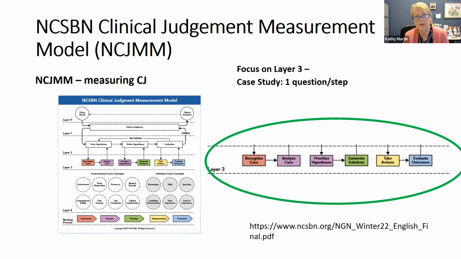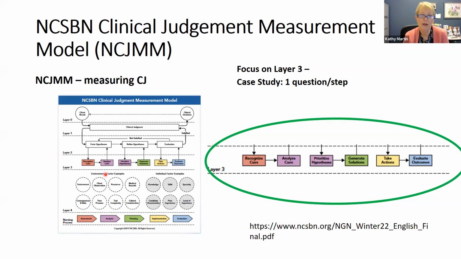I did a presentation today to our students for the very first time. I presented the clinical judgment measurement model in totality, focusing on the nursing process, which is language that they have already been exposed to and familiarized with.